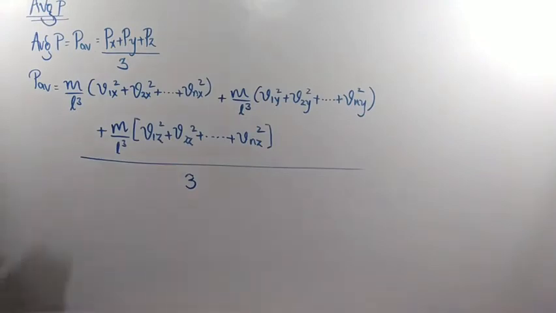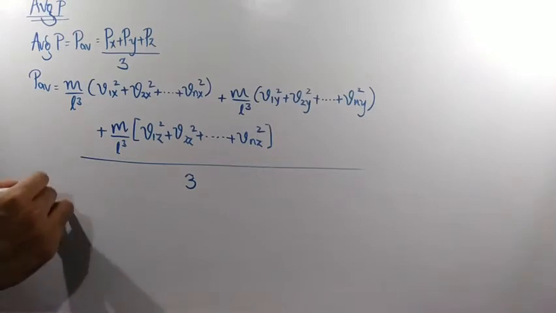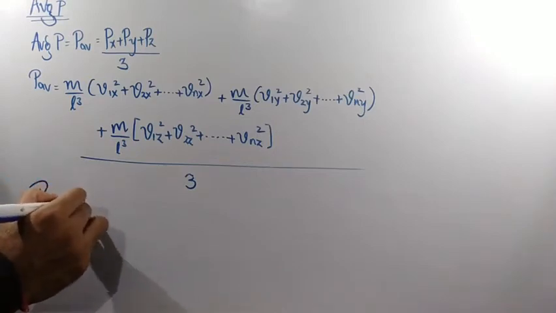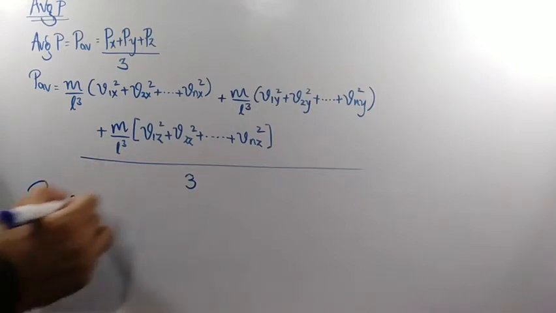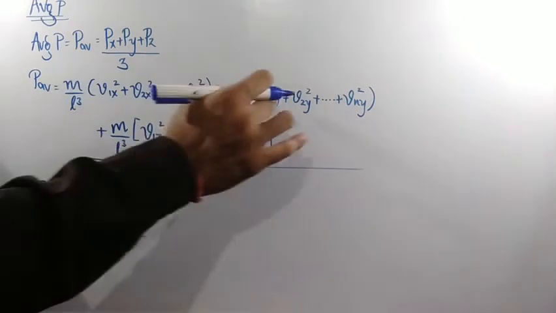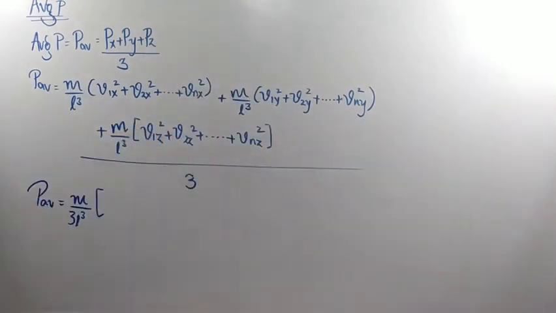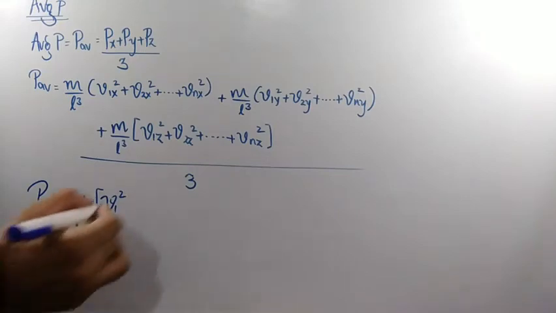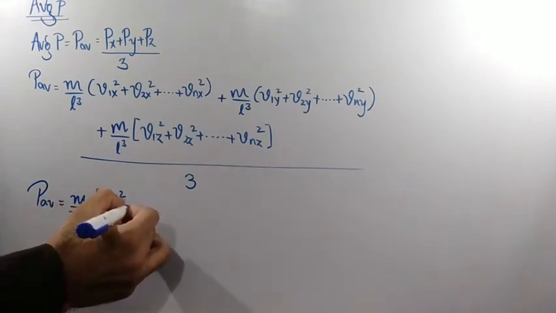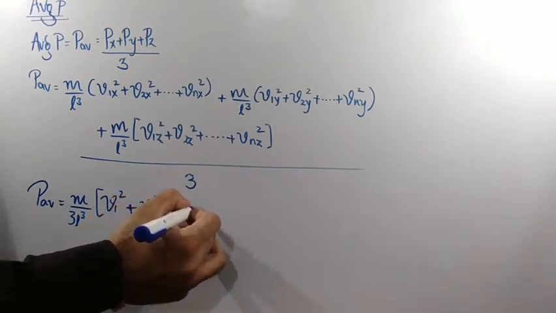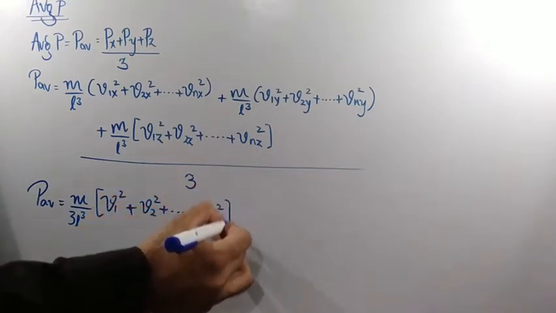So now I can write P average value will be equal to M by L cube as it is. This 3 also I am writing here only. Inside the bracket, V1x square plus V1y square plus V1z square is nothing but V1 square. Next, the second term will be V2 square, and so on up to Vn square.